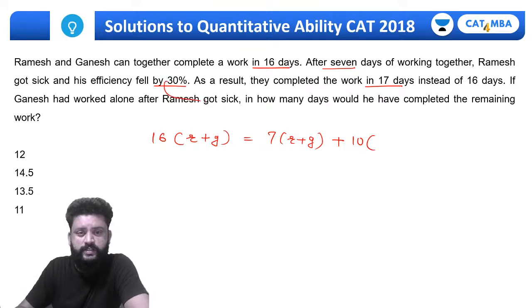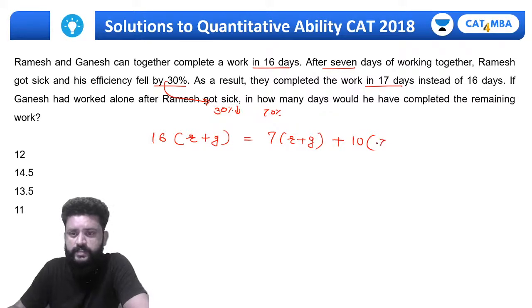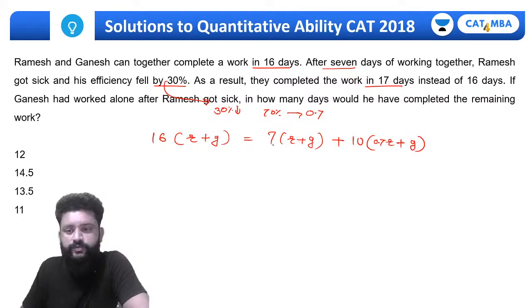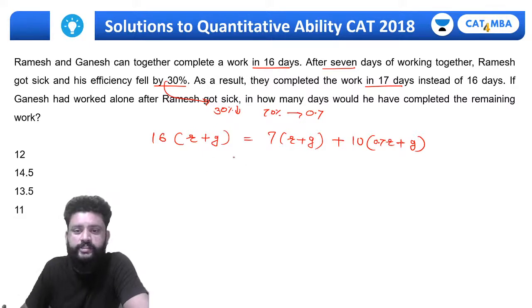So 30% down simply means he's working with 70% of his efficiency. So 70% is 0.7 R plus G. And so you can get the ratio for R and G.